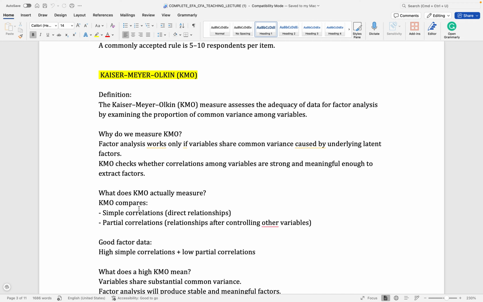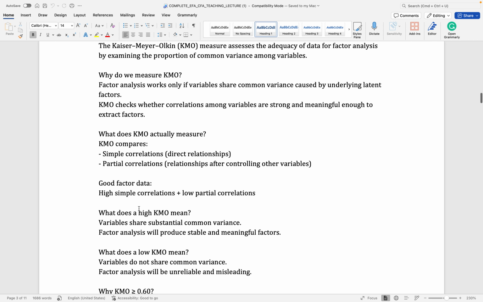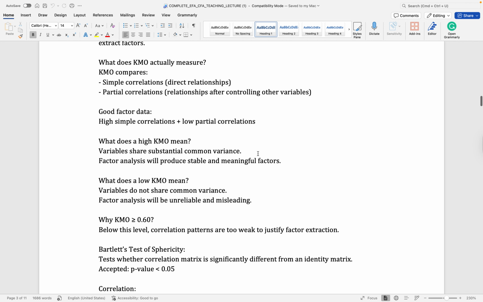KMO checks whether the correlations among variables are strong and meaningful enough to extract factors. What does KMO actually measure? KMO compares simple correlation, the direct relationship, with partial correlation, the relationship after controlling for other variables. Good factor data has high simple correlation plus low partial correlation.